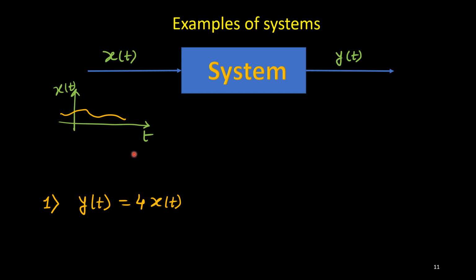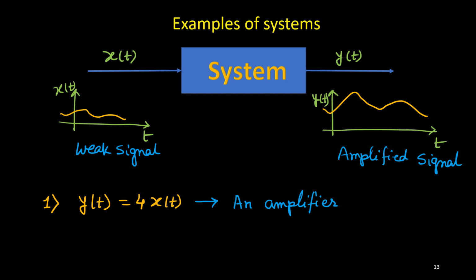So if this is one signal, the corresponding output will look like this. So it's 4 times of this one. Easily we can see that this signal is an amplified version of x of t. So this is an amplifier. Its purpose is to amplify the weak signal, and it will produce some amplified signal.